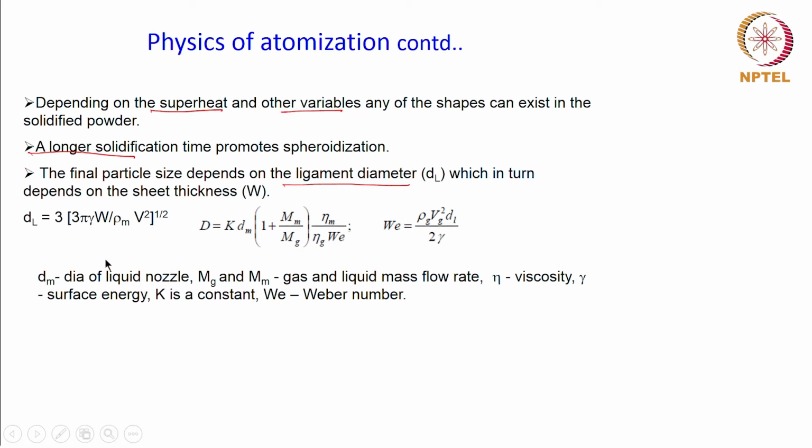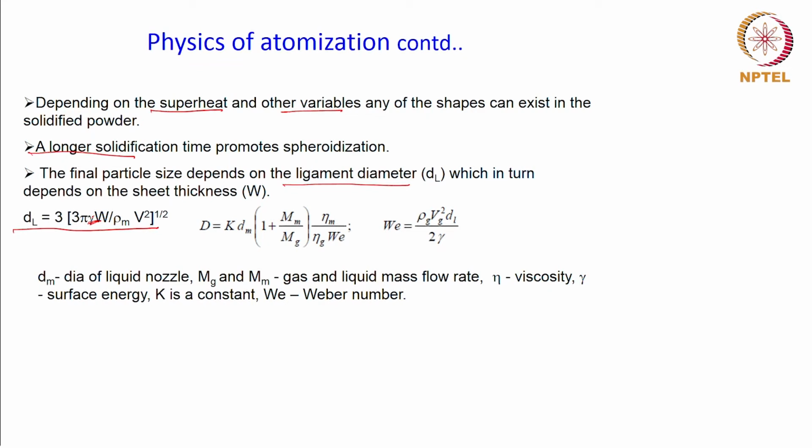So, that is what is shown in this particular relationship over here. The ligament diameter dl is dependent on the sheet thickness w, okay.